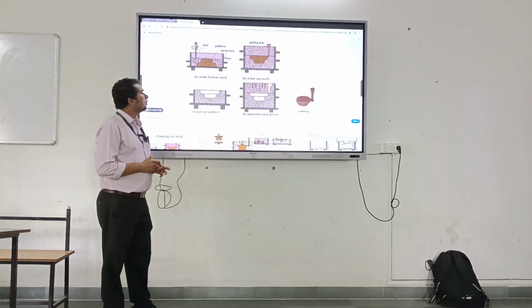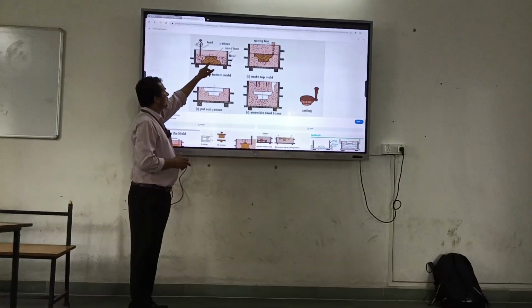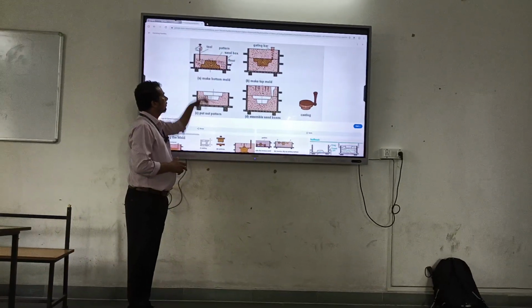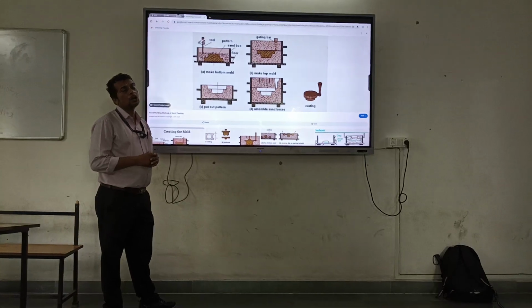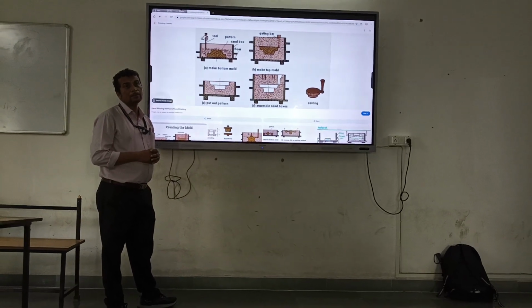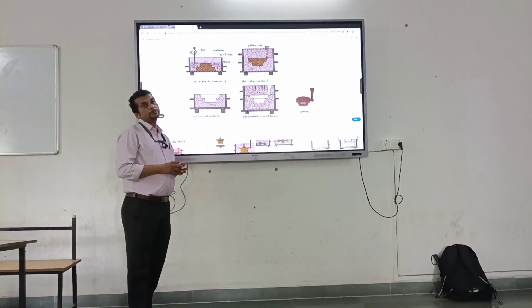In this drag box, we have used a pattern. This pattern is named the master pattern, because such a master pattern is prepared in the carpentry shop.